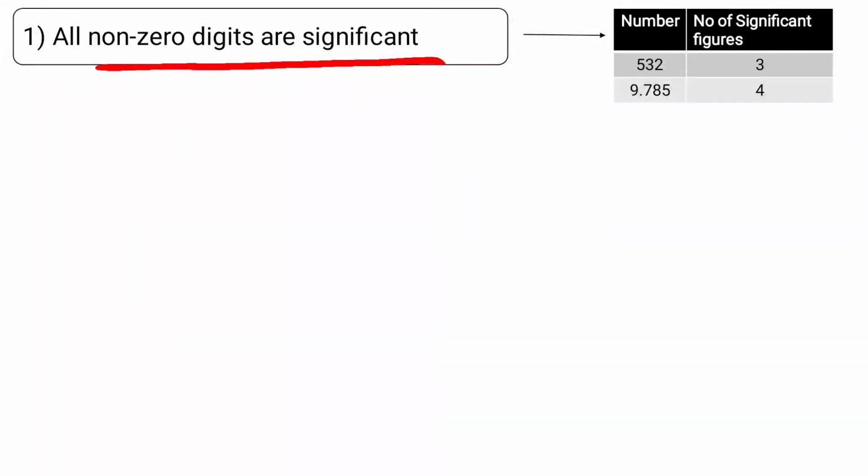So the number of significant figures in 532 is 3, whereas the number of significant figures in 9.785 is 4. So this is what the first rule tells us.